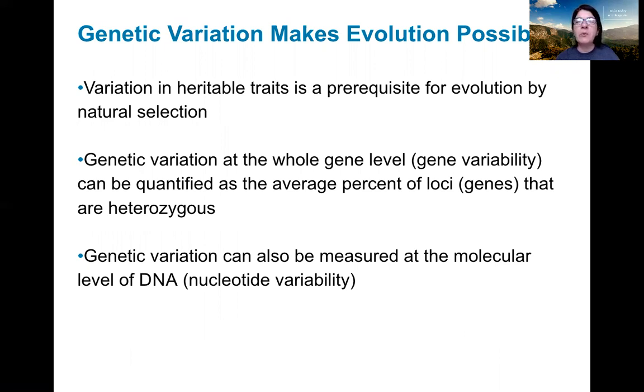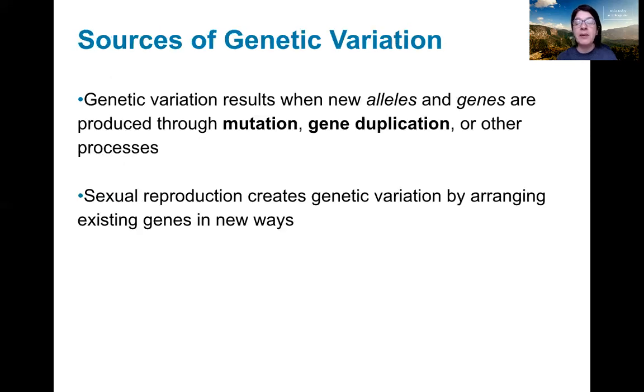Genetic variation can also be measured at the molecular level of DNA, which is nucleotide variability. Now, we've explored over the past year all the sources of genetic variation, but here we're going to explore them from a different point of view. Namely, we're going to talk about how new alleles arise and how new genes arise throughout evolution.